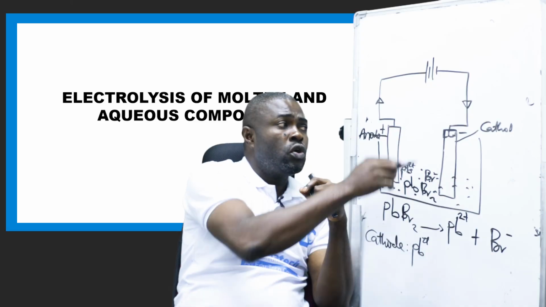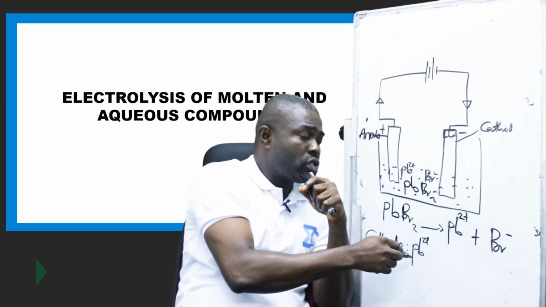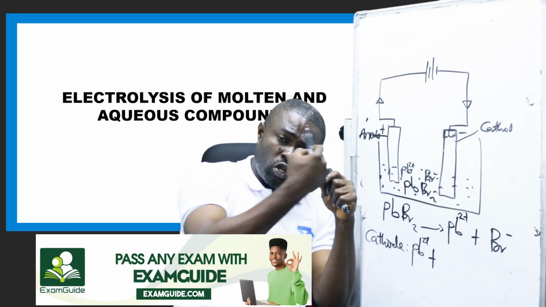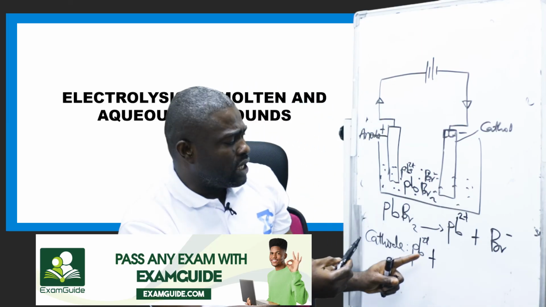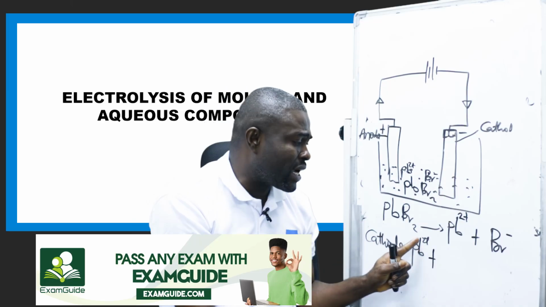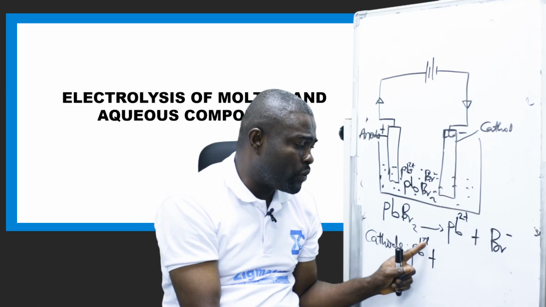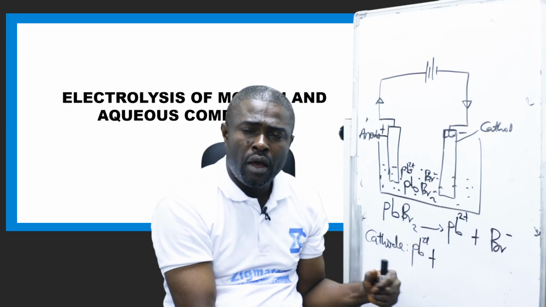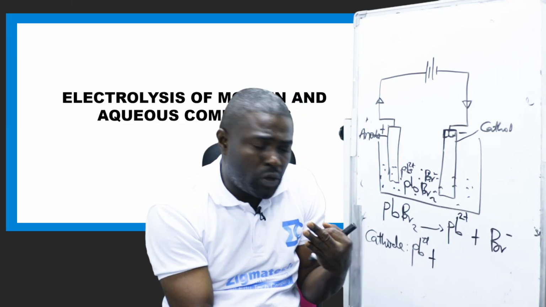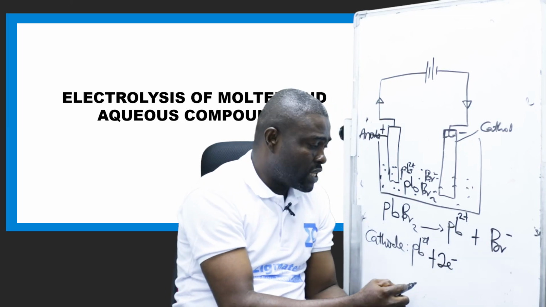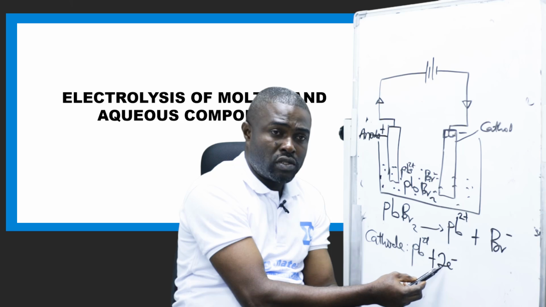What happens when the positive gets to that? It picks an electron, or adds electrons to itself. How many electrons will it add? It will add the number of electrons that will cancel out these 2 plus. If we have just 1 plus here, 1 electron is used. If it has 2 plus, we shall be using 2 electrons. What does that mean? These 2 will cancel out this.